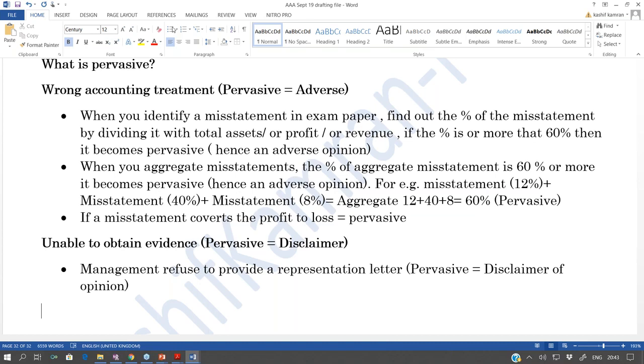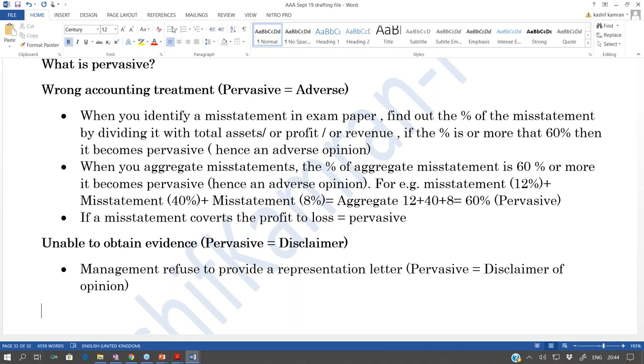Okay, so is everyone clear on the percentages? When to use which percentage and how? For representation letter, how can we find the percentage? Muhammad Hafiz Abdul Wahab, a representation letter is a letter which is fundamental to the auditor. We're not finding the percentages for a representation letter. We're saying the letter has been refused as a fundamental letter, so it should be pervasive.